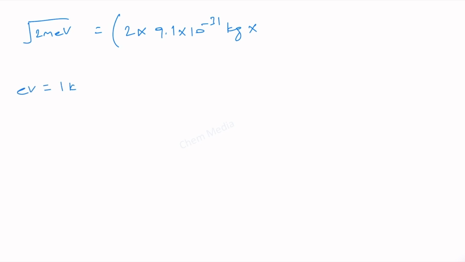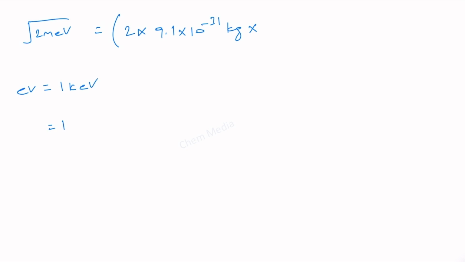So, let us find out this value of square root of 2meV. Therefore, square root of 2meV is equal to 2 times 9.1 times 10 to the power minus 31 kg times, here eV is mentioned as 1 kilo electron volt.